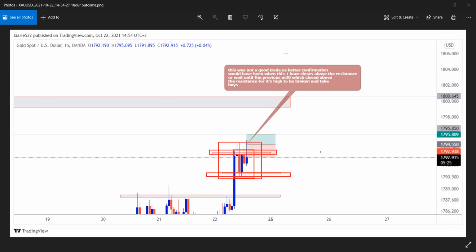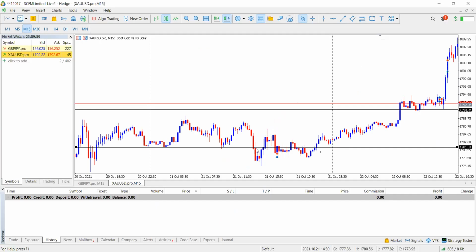So the first thing, you could have waited for price to close above or below the resistance. But you know, the move that happened yesterday on gold, I missed it. He move up. He miss. And what was the time?